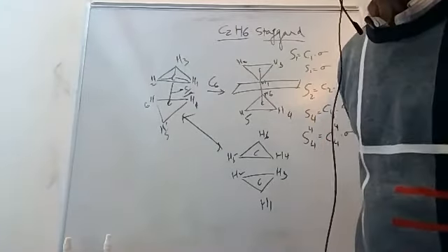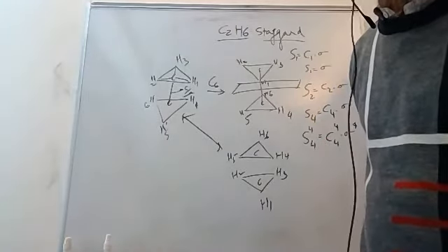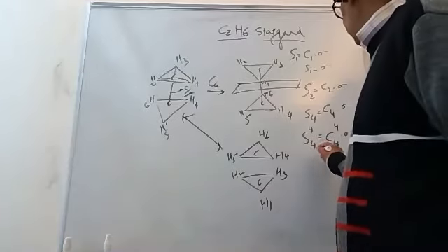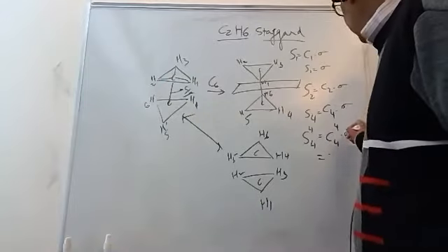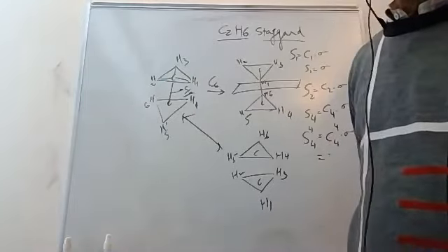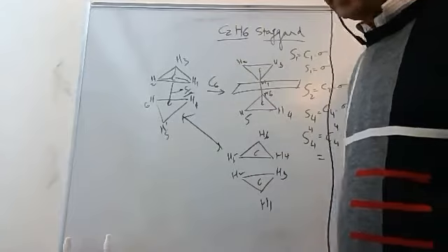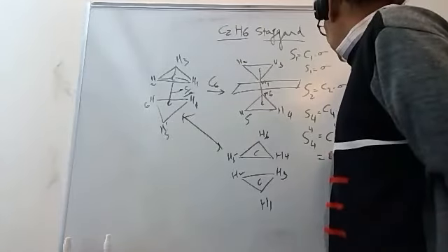Watch, this 4 is an even number, right? When it is an even number, C4 to the 4 is E, doing nothing. And sigma, when you do reflection an even number of times, you get again the identity operation. So S4 to the 4 is an identity operation.